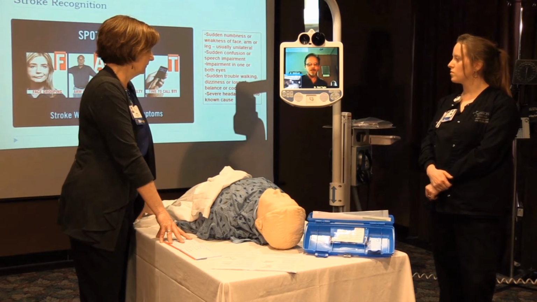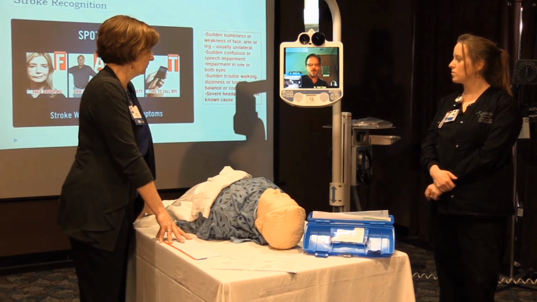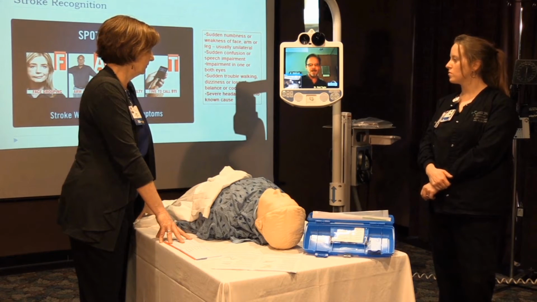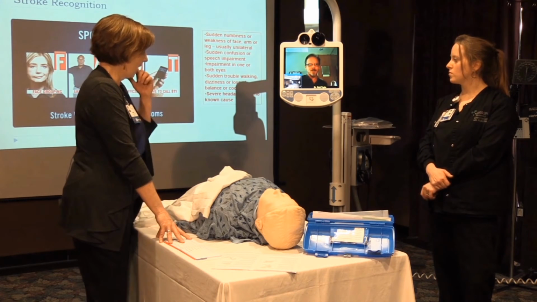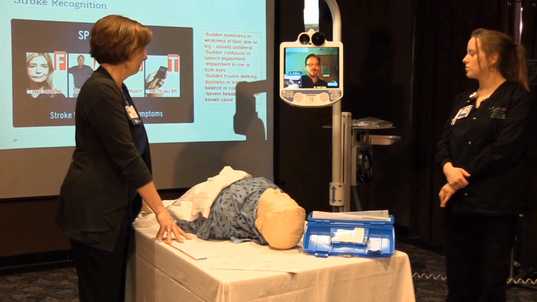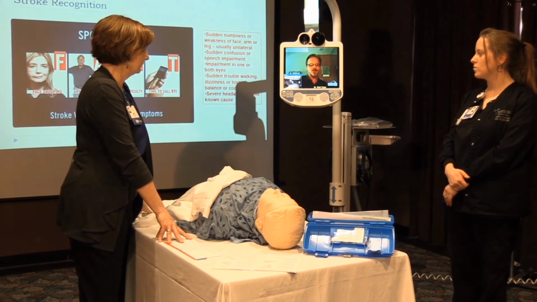And endovascular therapy, simply put, is when you bring the patient to the x-ray department, do an arteriogram, and use a device that pulls that clot out of there. And it can be done after the patient's treated with IV therapy.